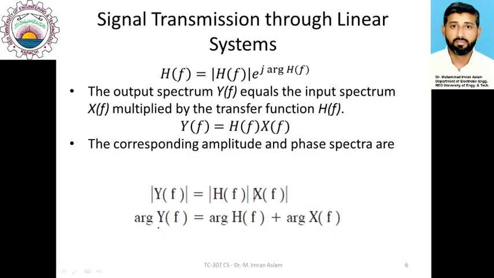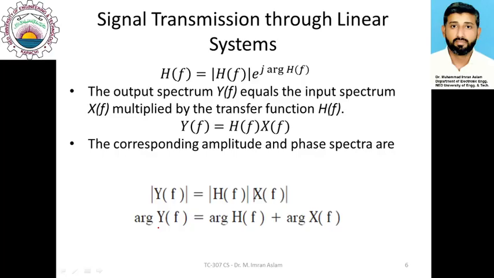So you can see that if you know the frequency response of the system, or in other words, if you know the transfer function, you can easily calculate the spectrum of the output. And if you want to calculate the output in the time domain, you can easily transform it by using the inverse Fourier transform to get the output in the time domain.